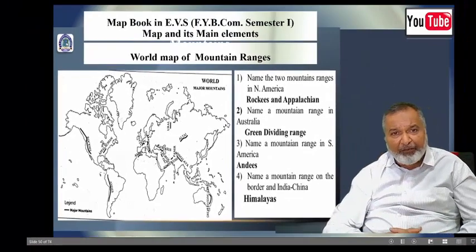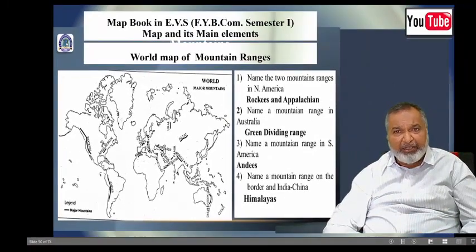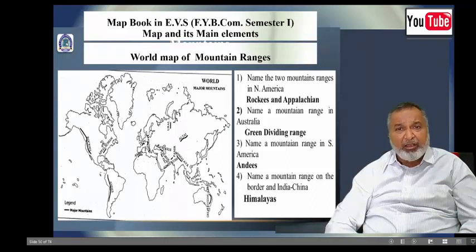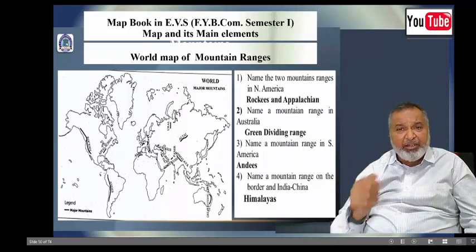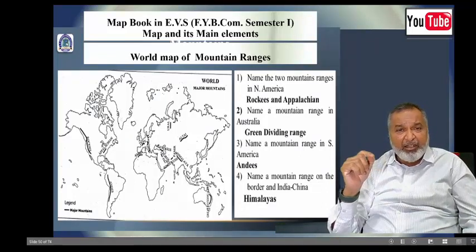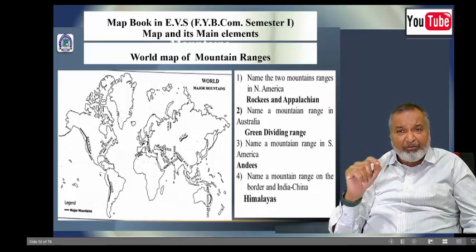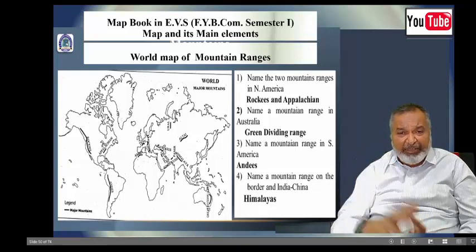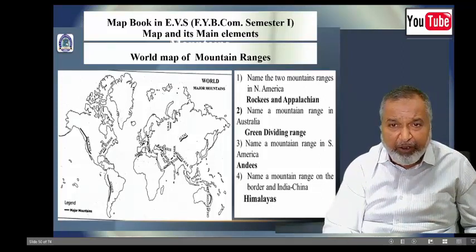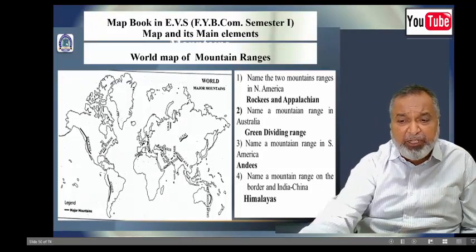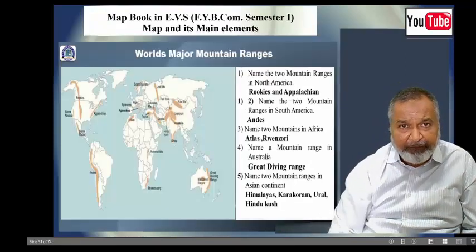These are the questions we have written: the names of 2 mountain ranges in North America are the Rockies and the Appalachians, the mountain range in Australia is the Great Dividing Range, the mountain range in South America is the Andes, and the mountain range between the border of India and China is the Himalayas.